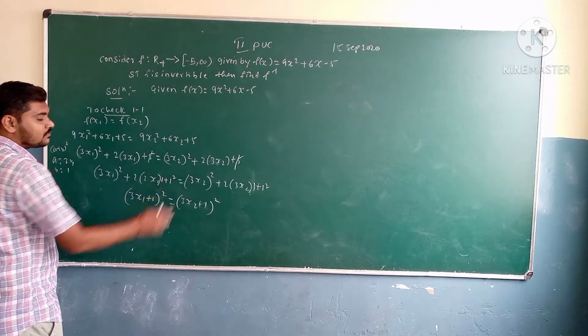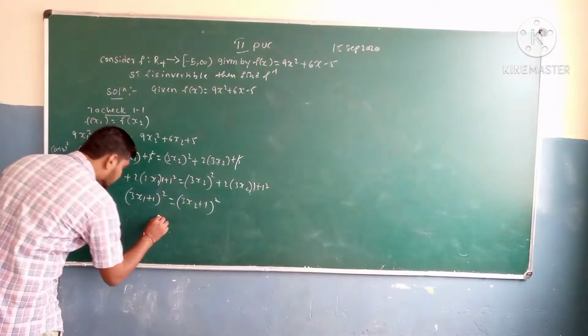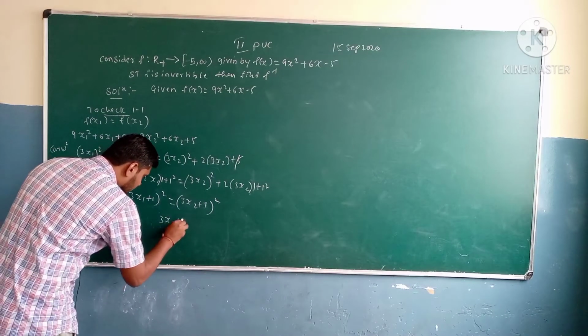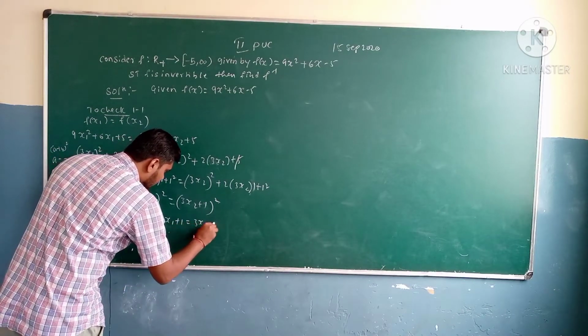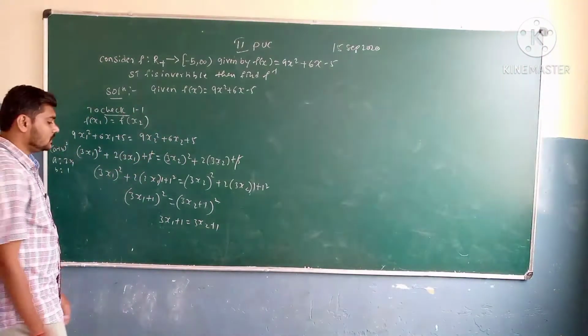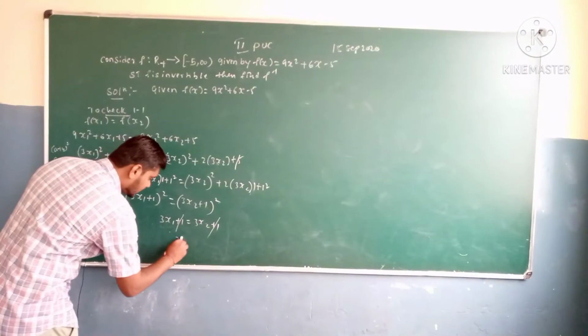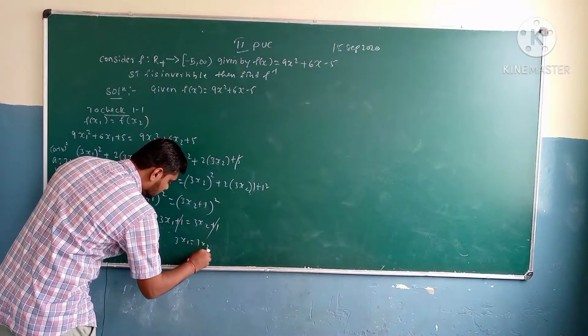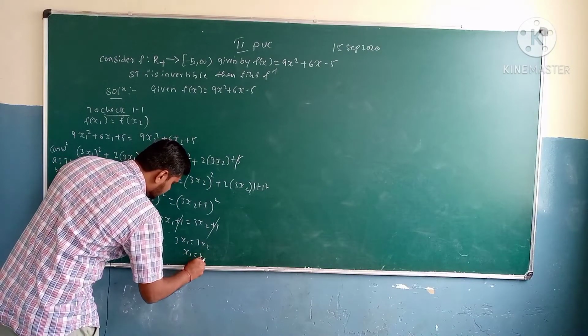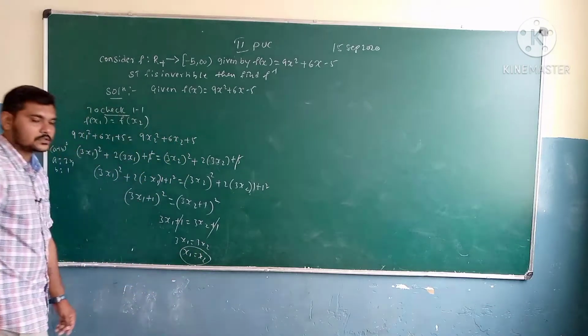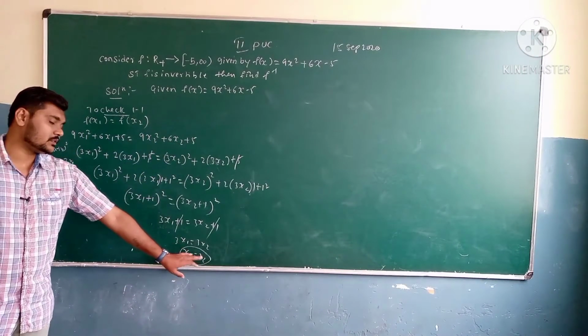So the squares on both sides are going to be cancelled, so 3x1 plus 1 is nothing but 3x2 plus 1. The plus 1 and plus 1 are cancelled, so 3x1 is equal to 3x2, so x1 is equal to x2.